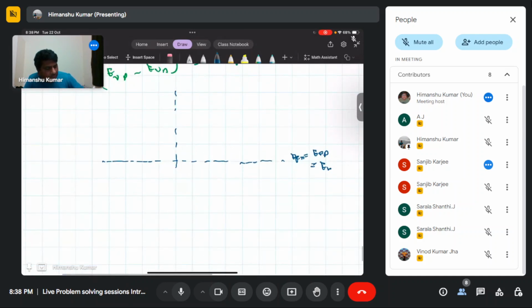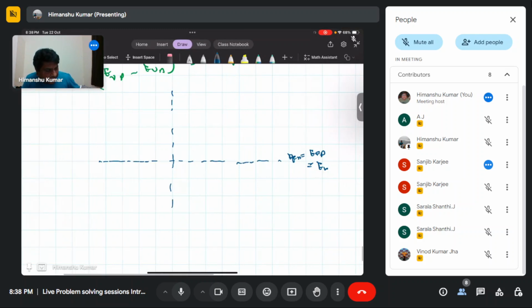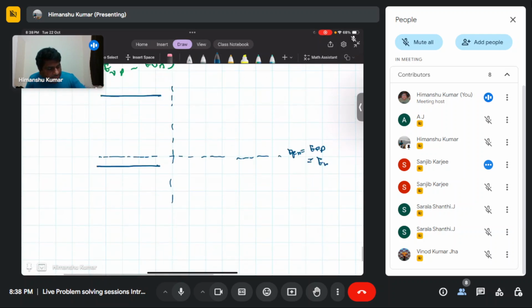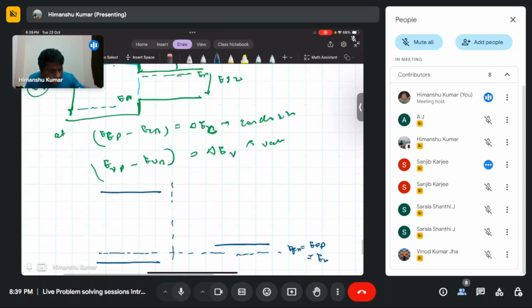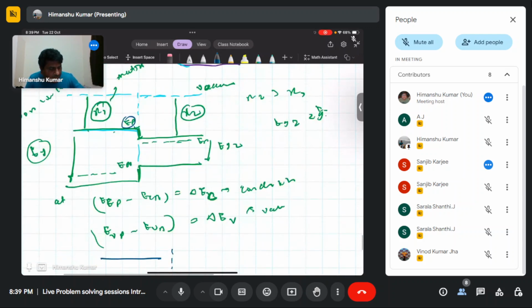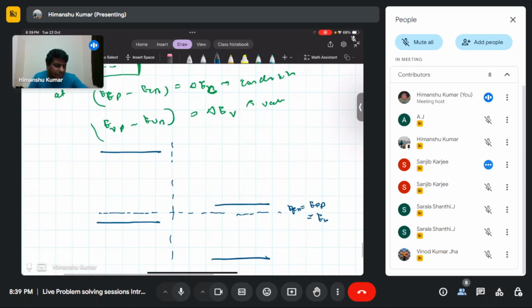If this is the junction, then away from the junction this side will be the p side and this will be the n side. Here delta EC will be a constant at the junction.